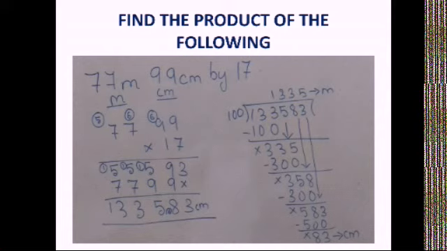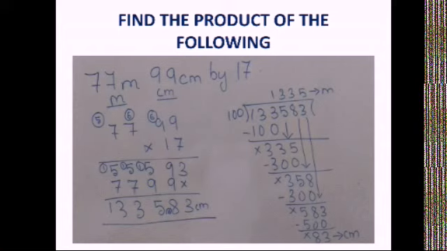meter. Now, why have I done the division? In case you have confusion, if you cannot decide where you will put meter and where you will put centimeter, what you will do? You will divide the complete answer of the multiplication, 133,583, by 100.